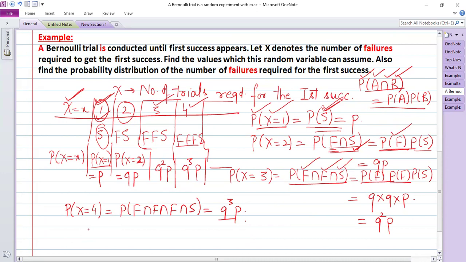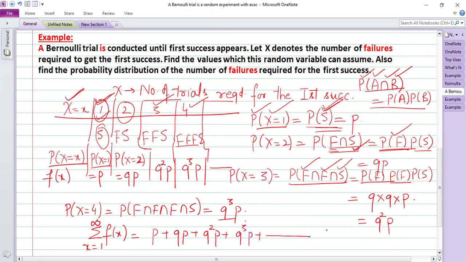Now, once again, if I give this symbol, say f of x, then you see here that summation of f of x over x equal to 1 to infinity is nothing but p plus qp plus q square p plus q cube p, and going on.